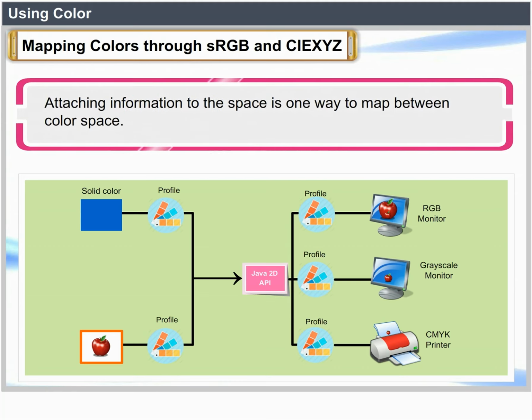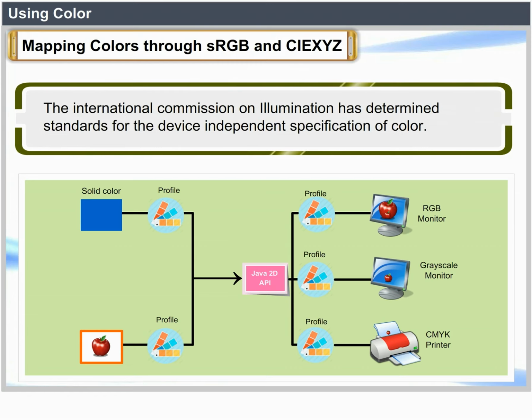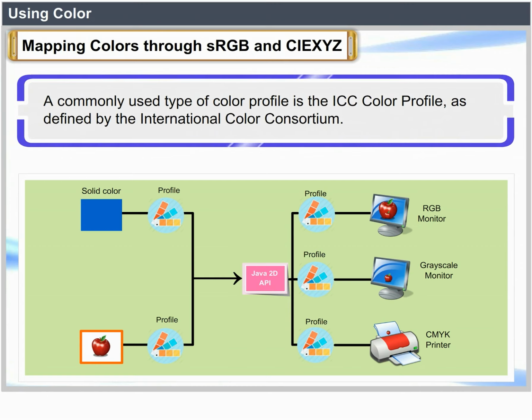Attaching information to the space is one way to map between color spaces. This attached information elaborates how the device-dependent space relates to the device-independent space. This additional information is called a profile. A commonly used type of color profile is the ICC color profile as defined by the International Color Consortium.